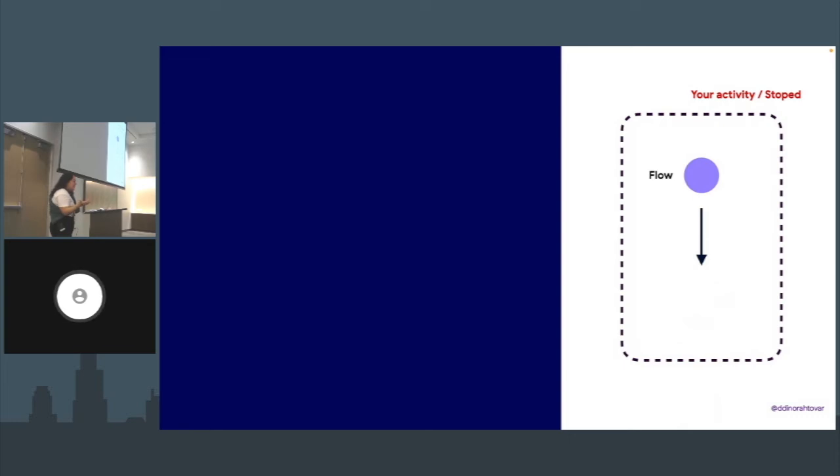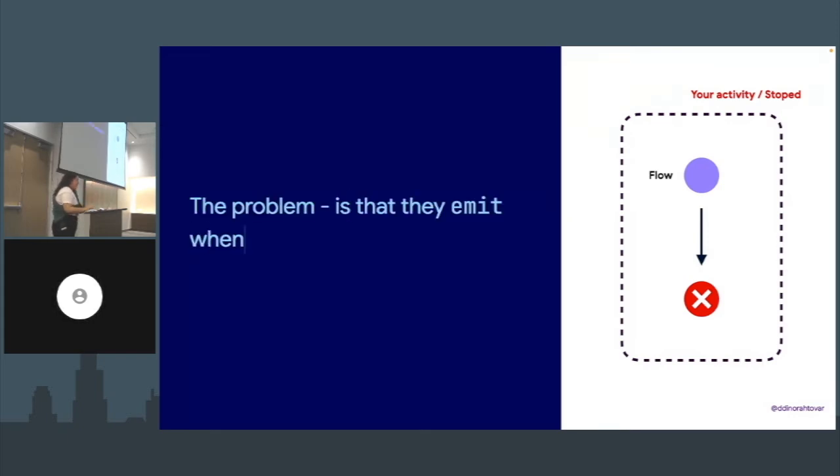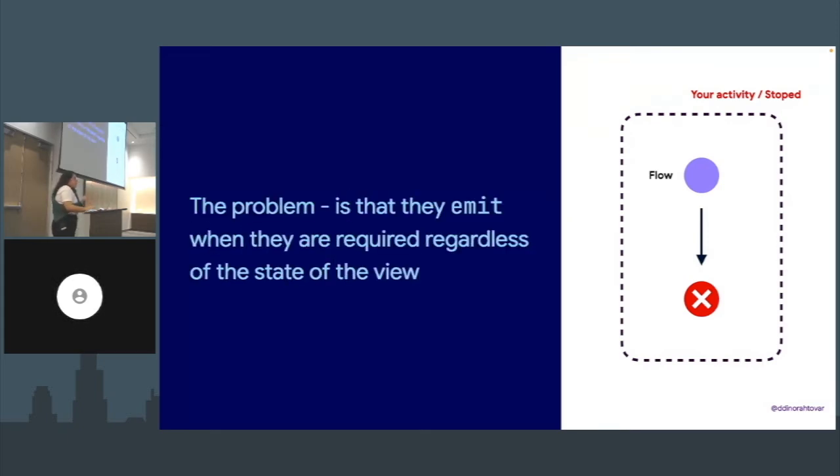And once your view is gone and your flow remains active, you end up having nothing to collect, and the flow is going to keep emitting until the end of time. So the problem begins when you are still emitting data to your collectors when there is no view. They don't care. They are only listening.